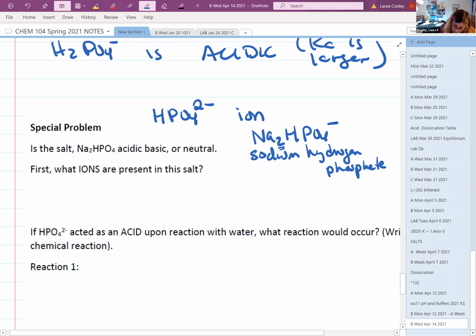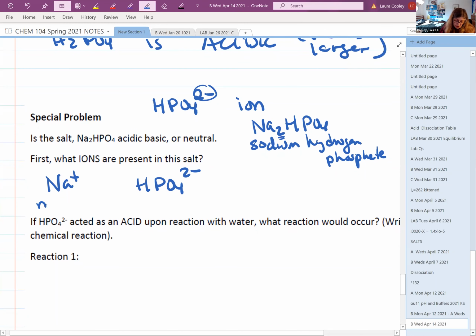You see there's two sodiums, because you have two negatives here, so to balance the charge. So what ions are present, of course, is the sodium and the HPO4 2 minus ion. We know sodium is neutral. So we're trying to figure out if this salt, sodium hydrogen phosphate, is acidic or basic or neutral. It all depends on this ion here.